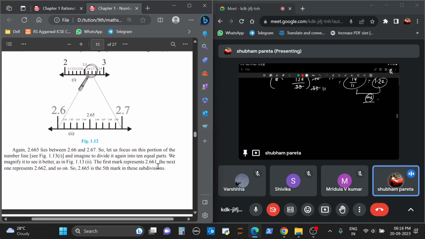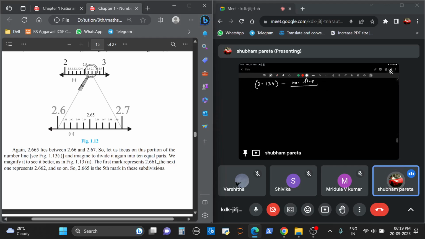Now what do you mean by successive magnification? Successive magnification indirectly means, for example, if I want to represent 2.134 on a number line, how will I represent this?